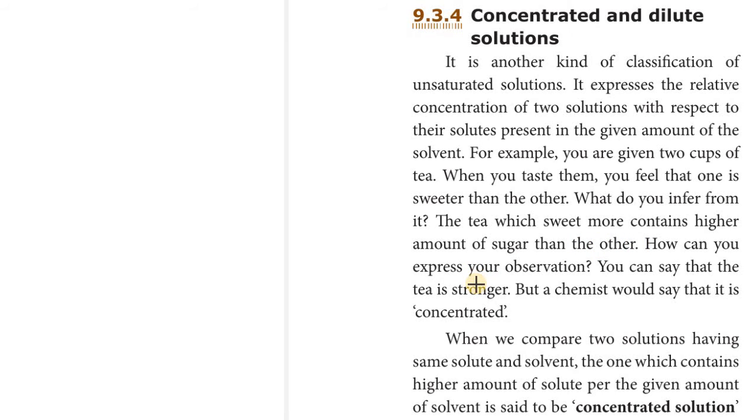You can say that the tea is stronger, but a chemist would say that it is concentrated. That means when you compare two solutions having the same solute and solvent, the one which contains a higher amount of solute per given amount of solvent is known as a concentrated solution.